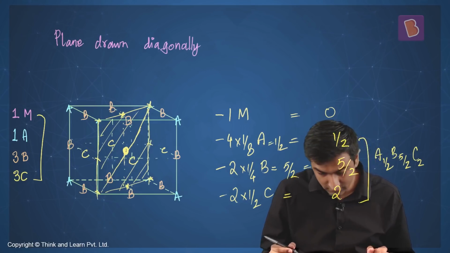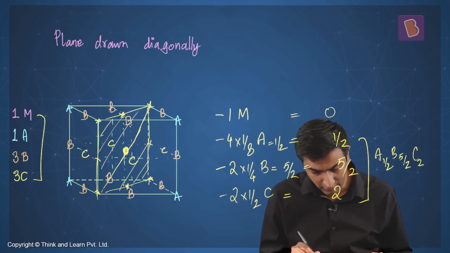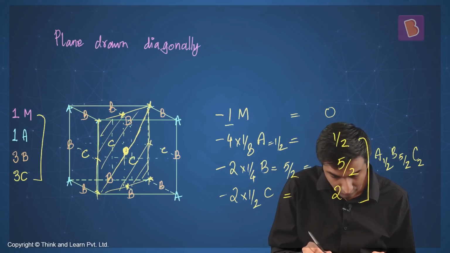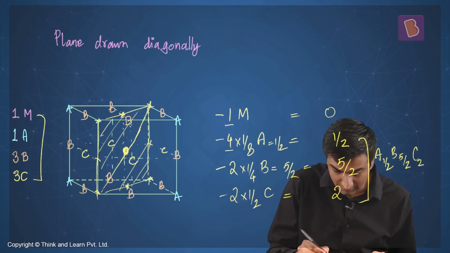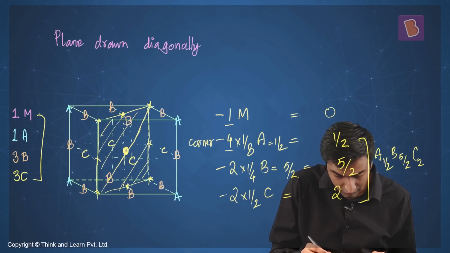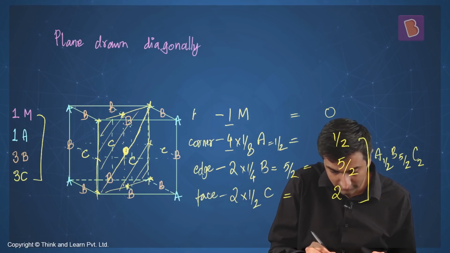I think my accounting was all right. Again, 1M, the center circle thing goes away. 4 A's, these were corners. And this B was edge, 2 edges that we removed. And C's were face centers. And this is a body center.